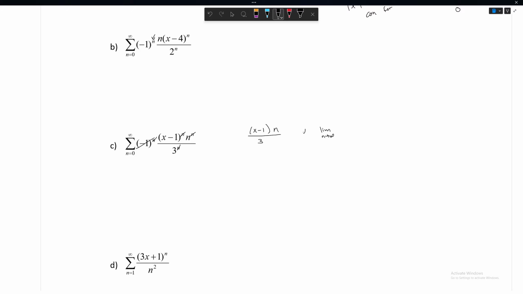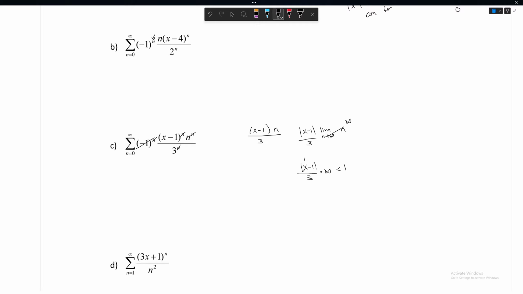My x minus 1 I can take outside, absolute. And I can also take my divide by 3 out. I'll only have an n left. This goes to infinity. So now this is what I have: absolute x minus 1 over 3 times infinity less than 1. What can I put for my x for it to be less than 1?